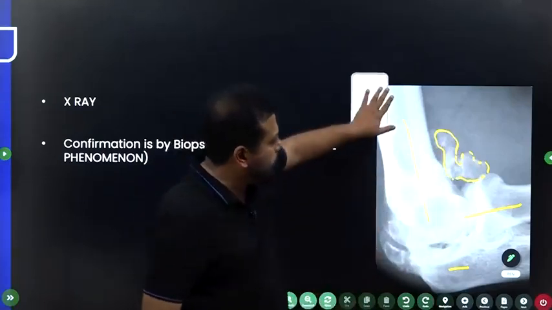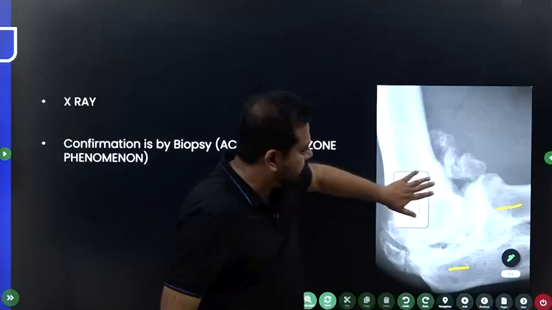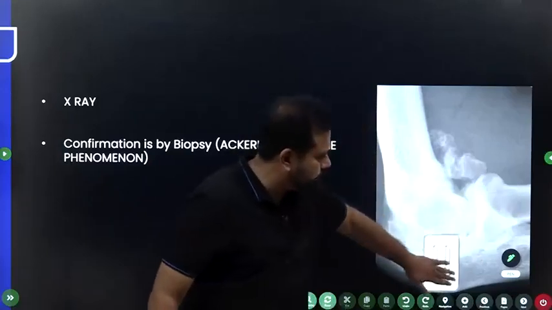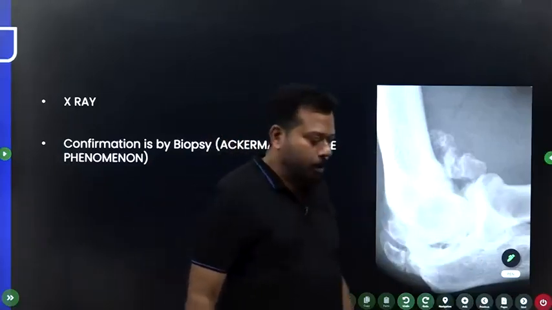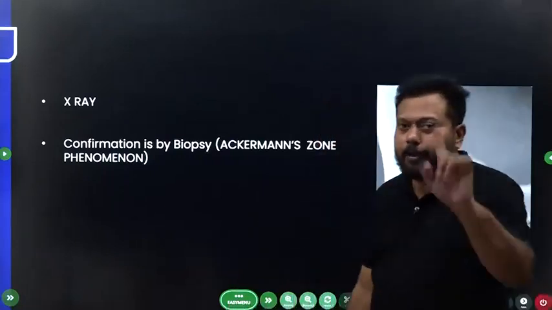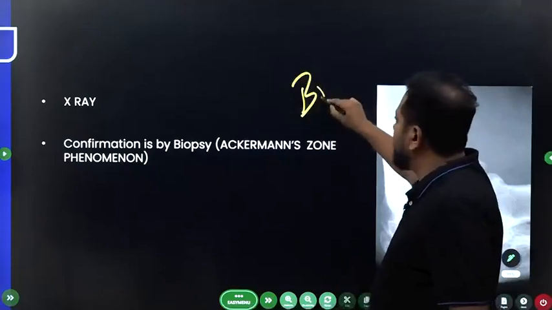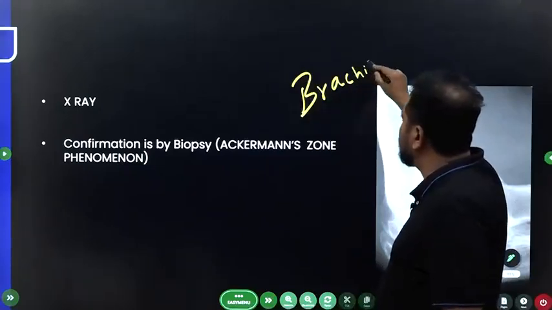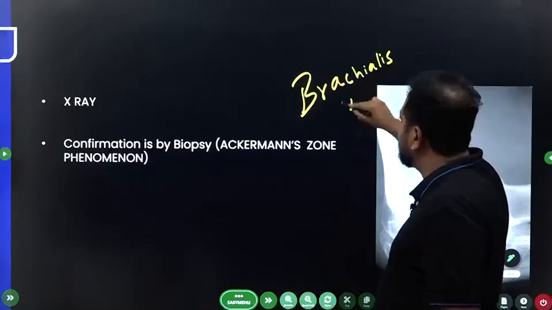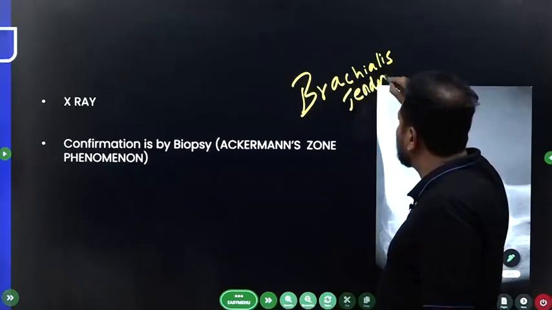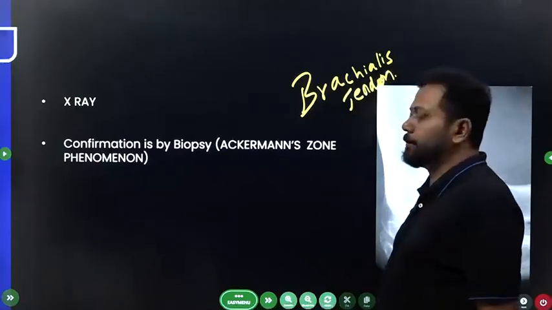That is myositis ossificans. Most commonly it's around the elbow joint, especially over the brachialis tendon. A very frequently repeated question: the most common site is the brachialis tendon.